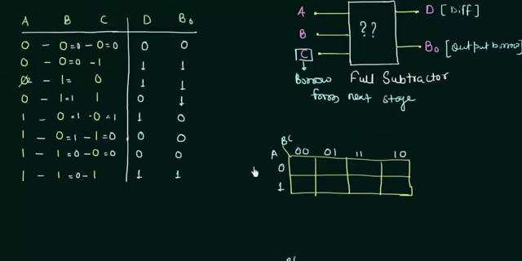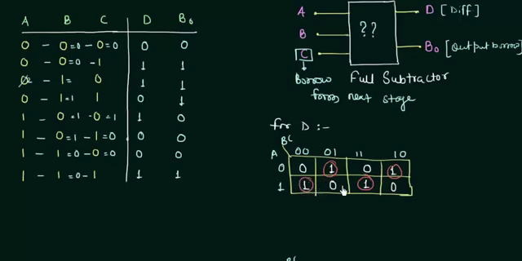So this K map is for the difference. Now let's fill this K map: 0 1 1 0, and then 1 0 0 1. Again we are having an interesting filling in this K map, in which each and every one is single.